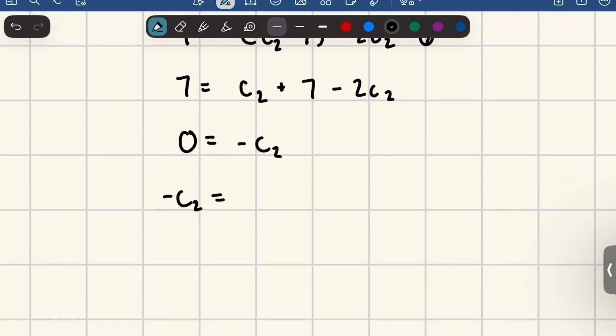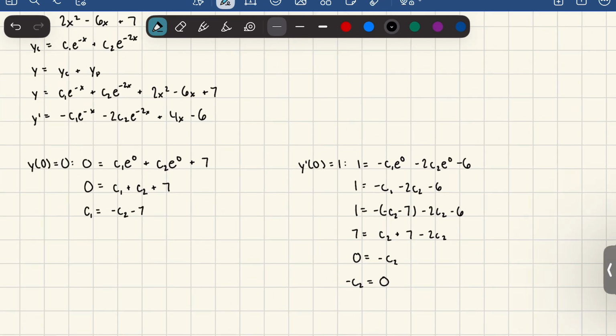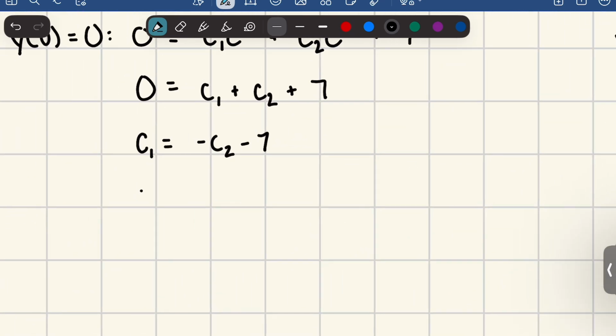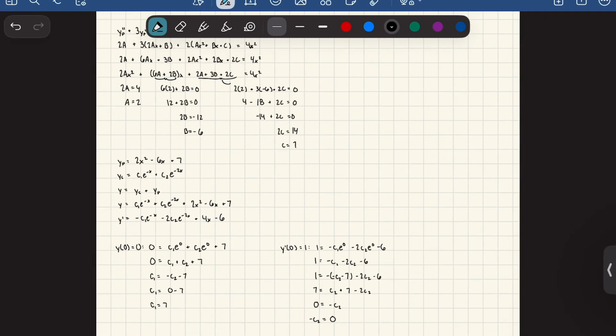Negative C2 is just going to equal 0, man. If I plug in 0 for C2, C1 equals 0 minus 7. C1 equals negative 7. Okay, now we have both of our constants.